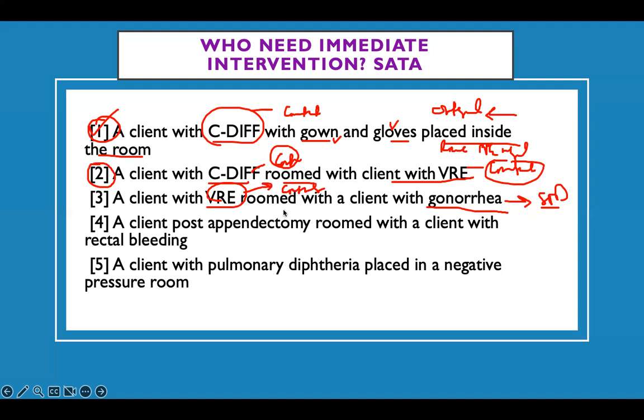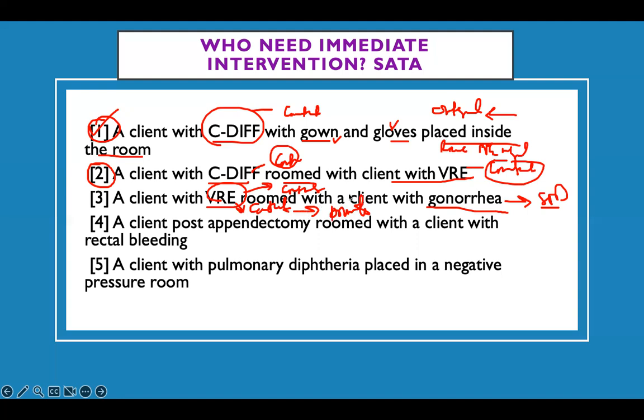So VRE patient, will you room with this patient? These patients can transmit their disease. They are placed in a private room, right? This is a trick question.